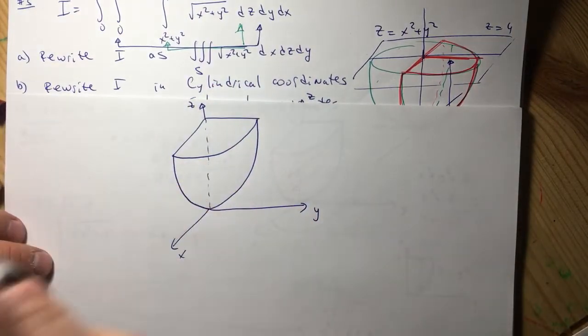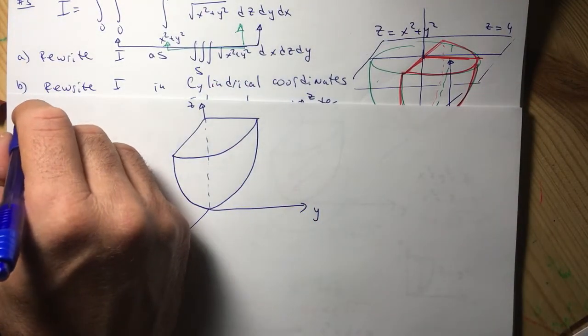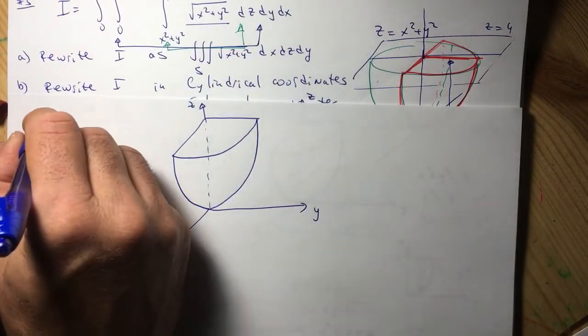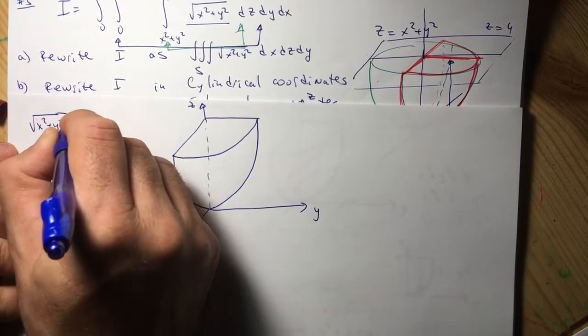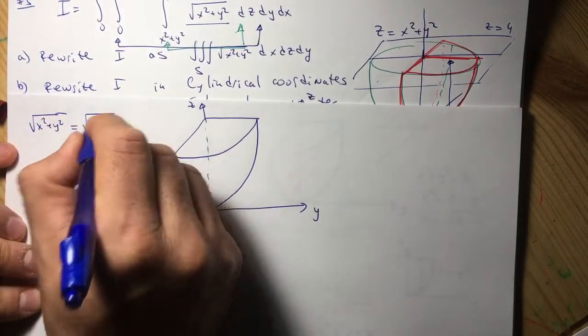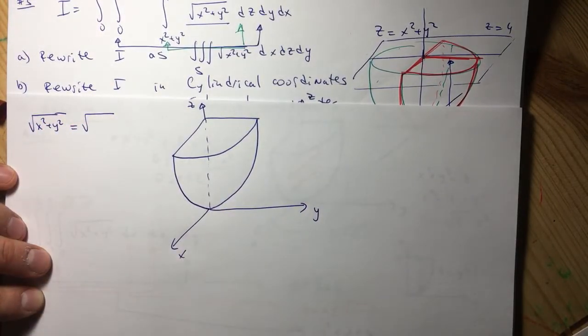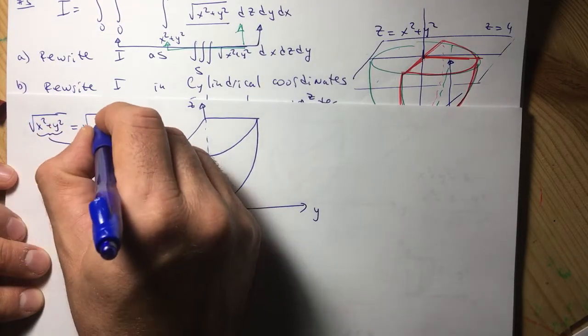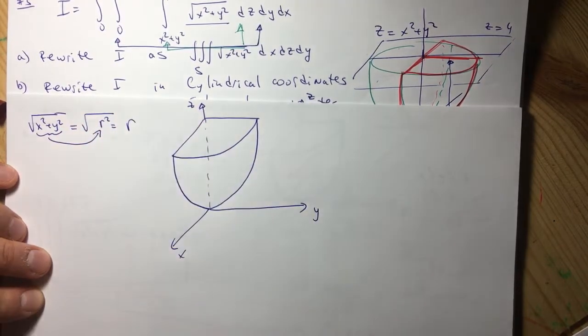Okay, first of all, the integrand. The integrand is square root of x squared plus y squared. As I said in part 2 of this series of videos, you should be able to recognize x squared plus y squared as r squared. Square root of r squared is only r.